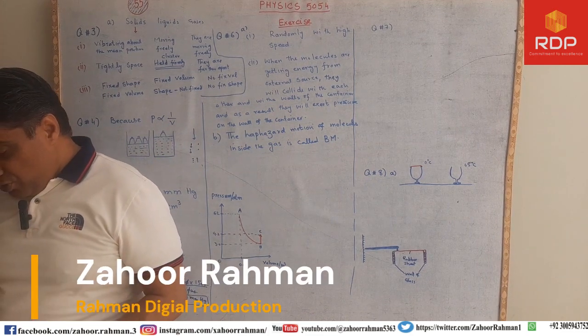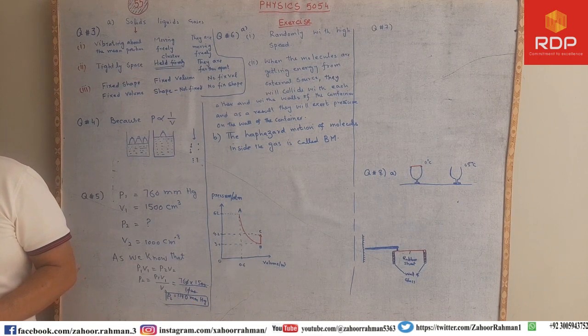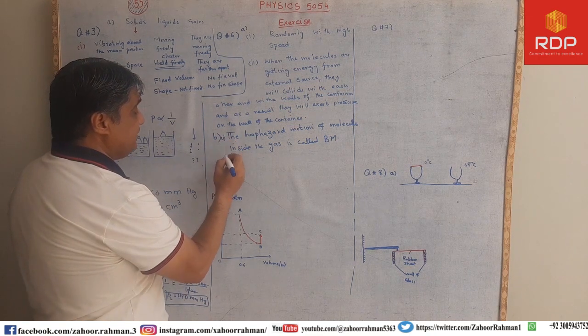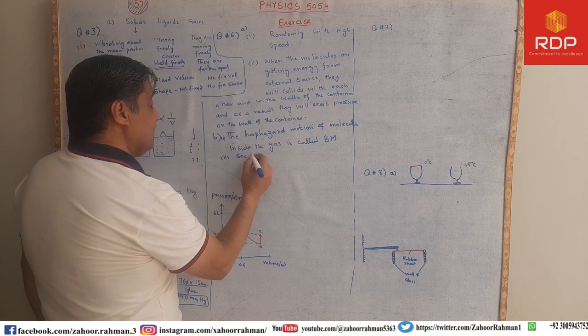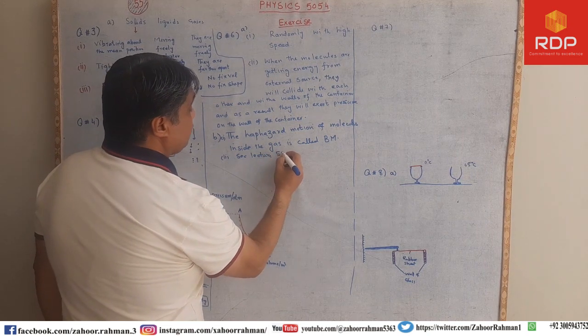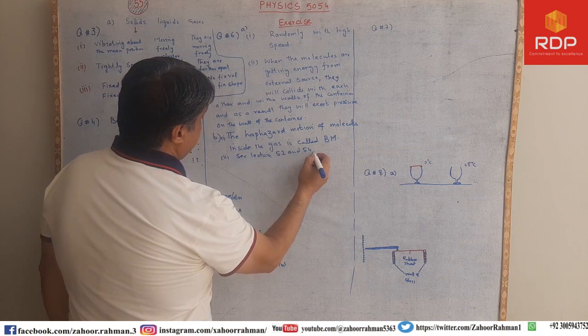Next, part 2 is saying, with the aid of a labelled diagram, describe the experiment to demonstrate Brownian motion. That was part number 1. This is part number 2. See lectures 52 and 54.